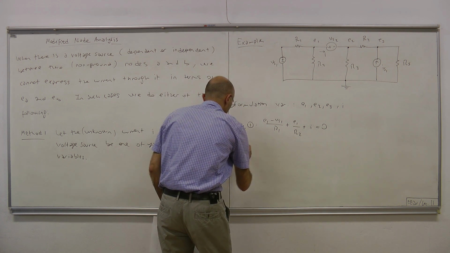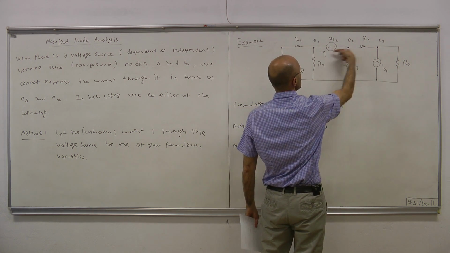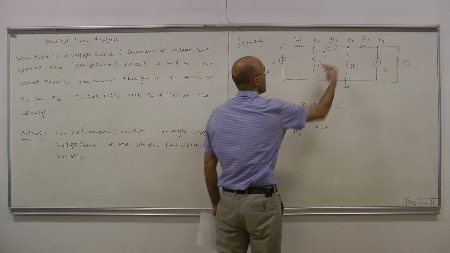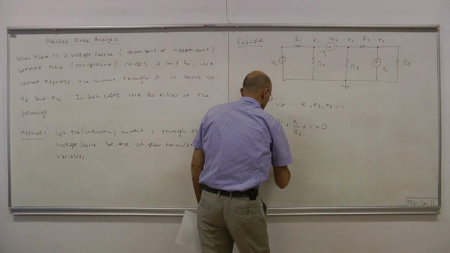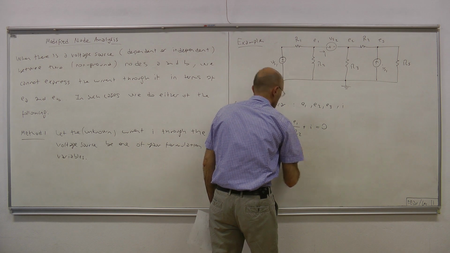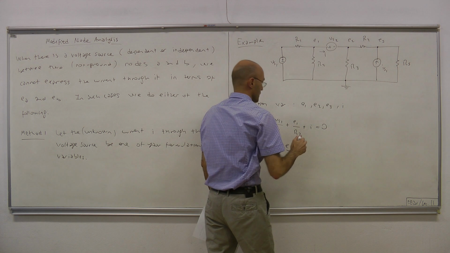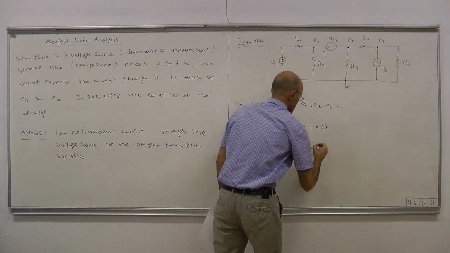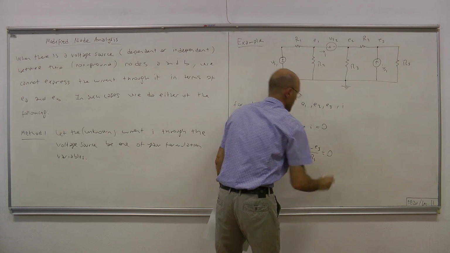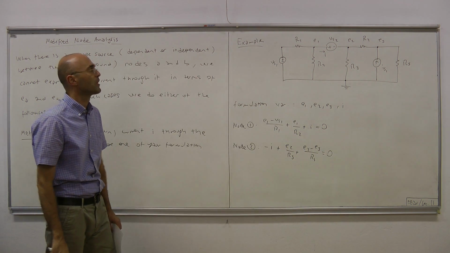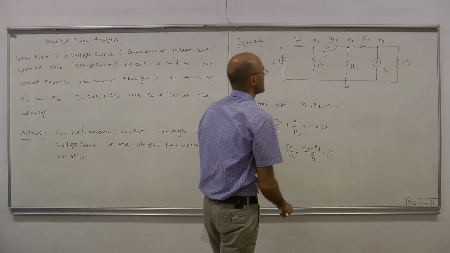Node 2. Now we're summing these 3 currents. This current is minus I. And then we have this current plus E2 over R3, and finally we have that current, which is E2 minus E3 over R4, and by KCL that's equal to 0. And we have just one node remaining.